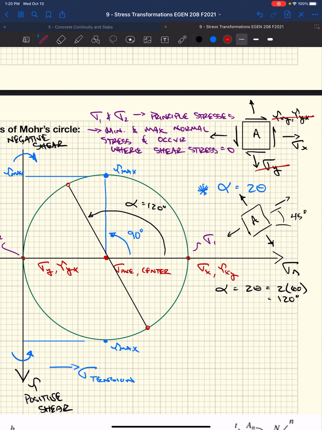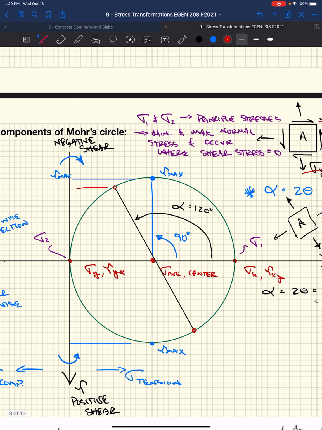We would have our 2 points, so our sigma x and our tau xy. Now we rotate 120 degrees on this circle. We would then be able to figure out what our tau b xy is now up there.